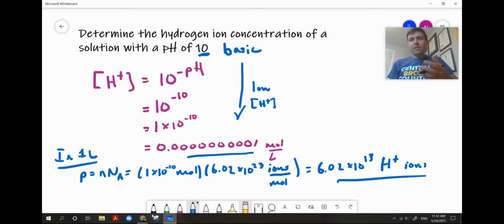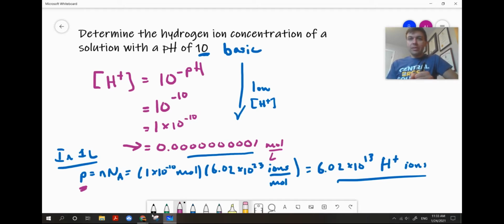Just to illustrate some of the quantities that we're talking about in chemistry, I've added one more layer of calculation, which is an equation that we haven't used in a while, which is converting from moles to particles. So this number here, the hydrogen ion concentration, seems incredibly small, smaller than most concentrations we ever deal with. Yet if I take that concentration and say, well, if I have that concentration in 1 liter, how many ions are actually present?